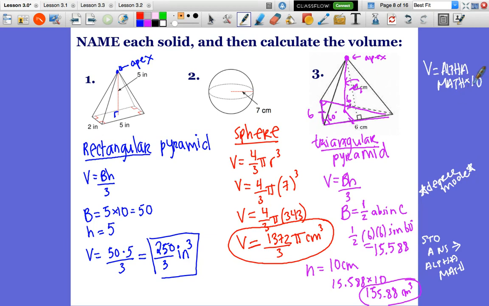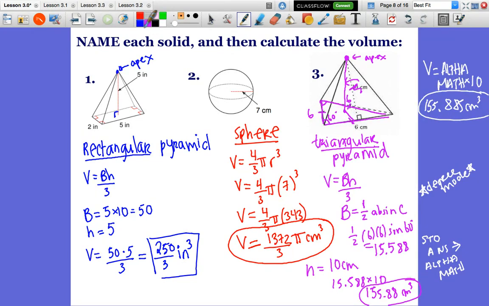It's basically the same thing, but you could round it a little differently now: 155.885 centimeters cubed is probably what you would say, rounding to 3 decimal places.